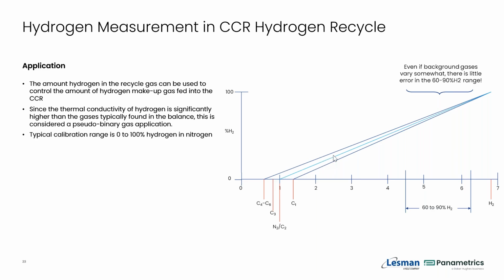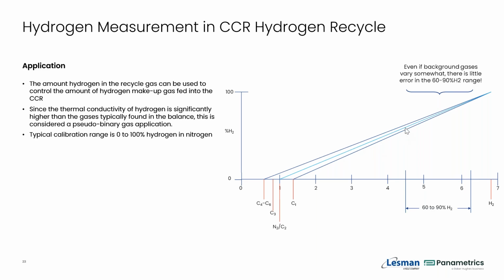But as you get higher in hydrogen content, here at 60% or up here at 90%, you see that the span between the heavy hydrocarbons and the light hydrocarbons gets smaller and smaller to the point where that background gas behaves as a single gas. And even if you were to get swings from, let's say, pure methane over to a whole bunch of heavies, you're not going to impact the measurement accuracy all that much.